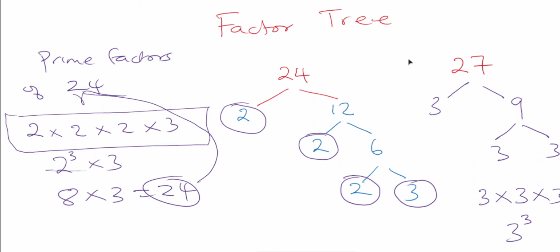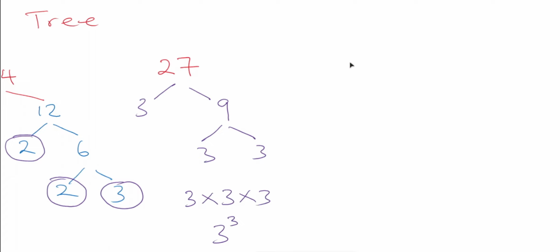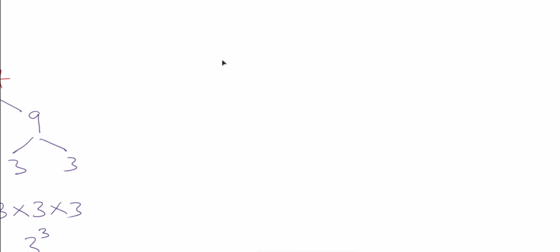So for instance, let's try another example. 75. I want to introduce something. 75 is not an even number, so I probably won't have any luck when I use 2. So let me try 3.